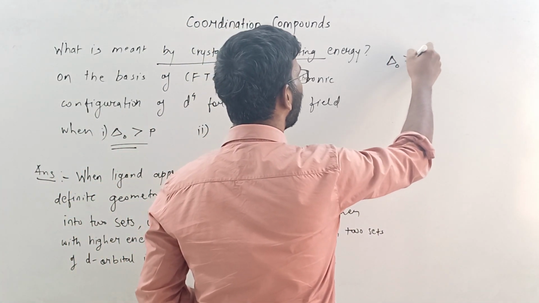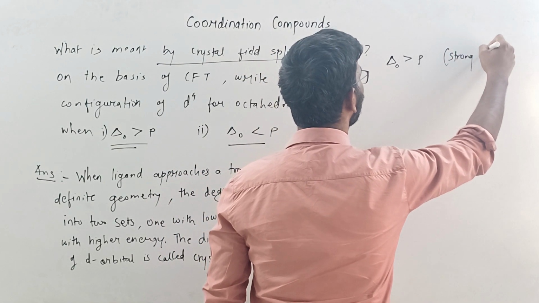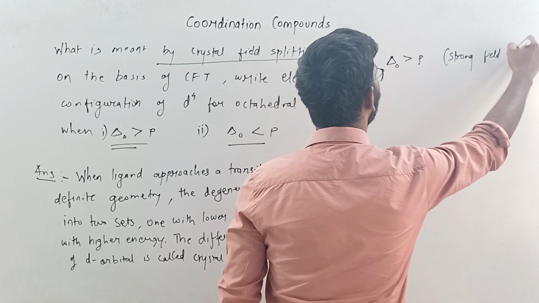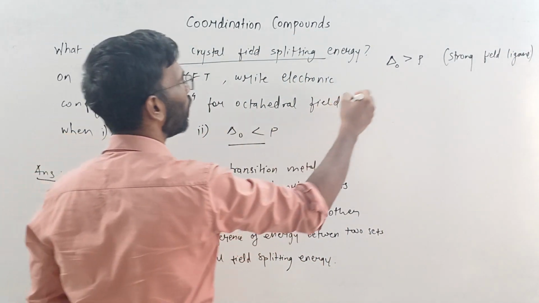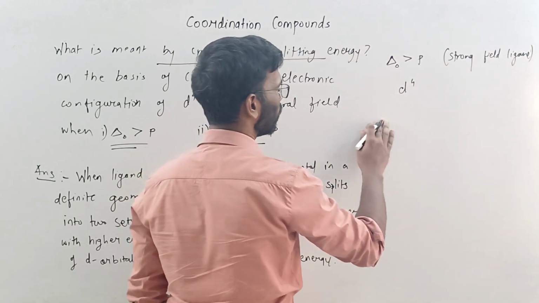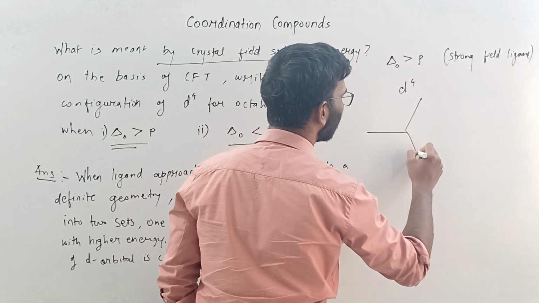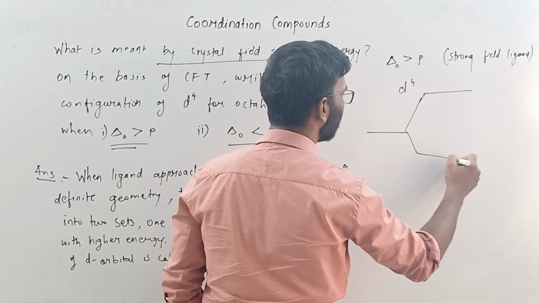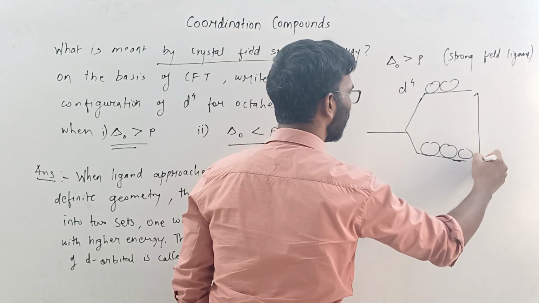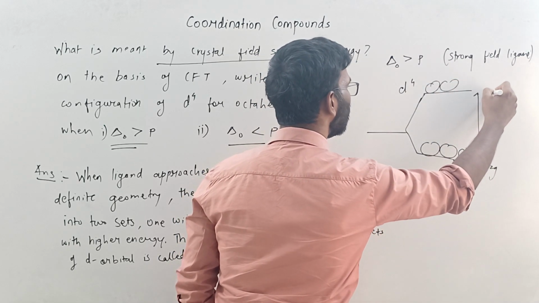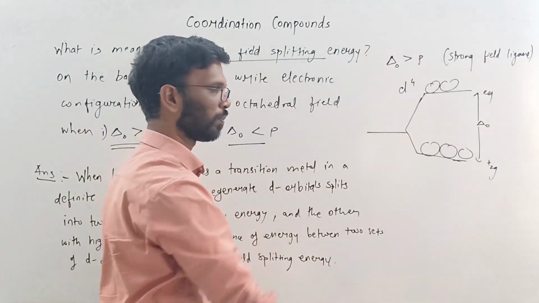Now what is the meaning of delta naught greater than P? It means strong field ligand. Take a d4 configuration, with 4 electrons in the d orbitals. Strong field ligand means the gap between T2g and Eg is large, so electrons cannot go to the top.